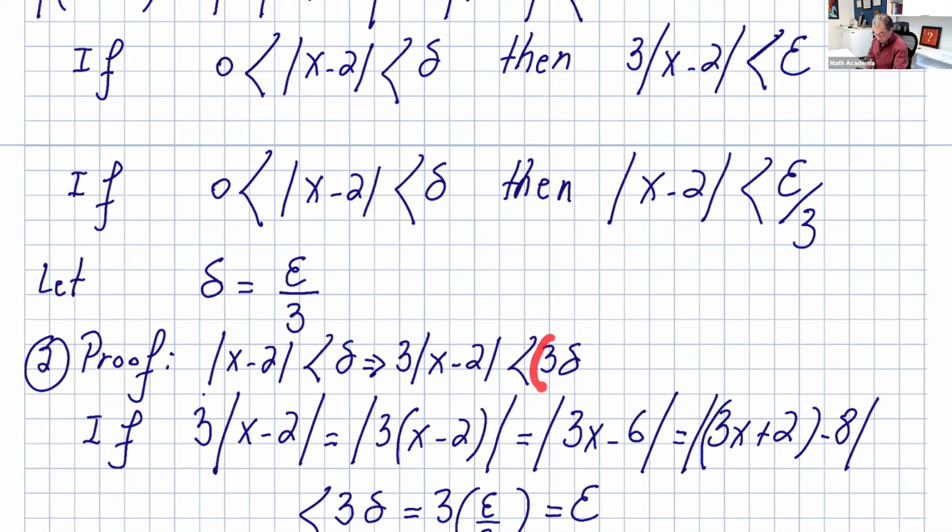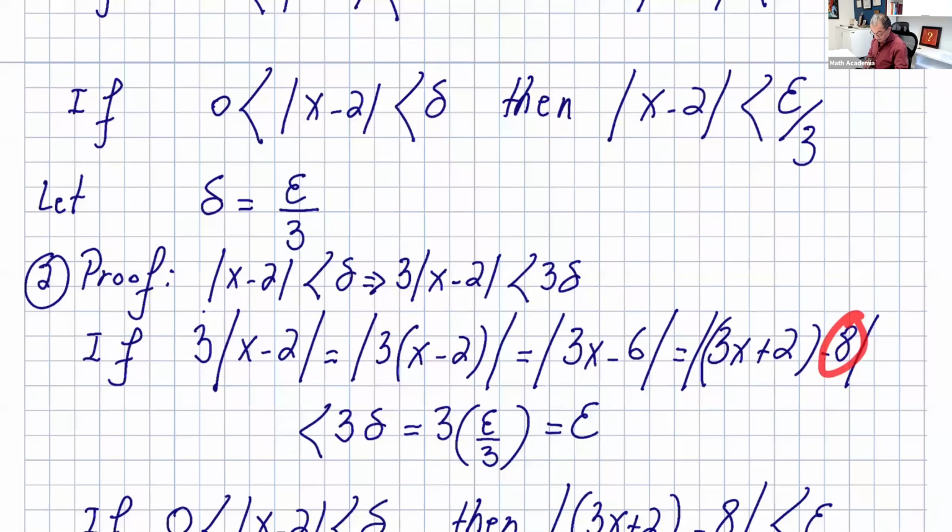However, 3 times the absolute value of x minus 2 can be written as the absolute value of 3 times x minus 2, and that's the absolute value of 3x minus 6. And just take the function away, so it's 3x plus 2, that was our function, minus 8, that was our limit, is less than 3 times delta.